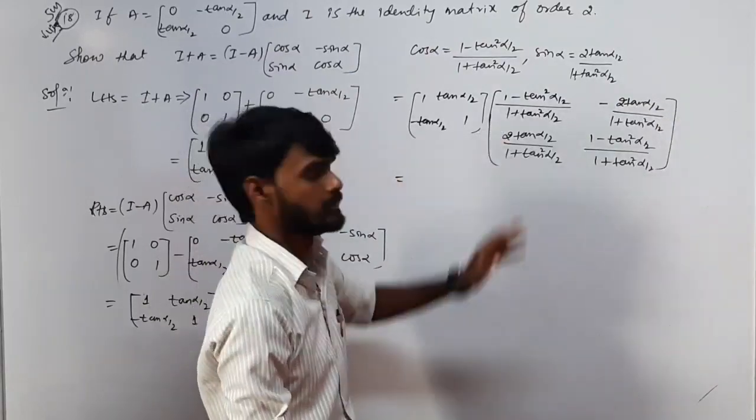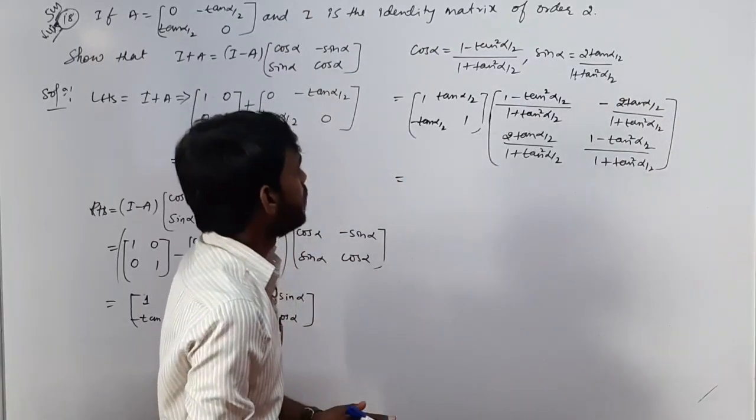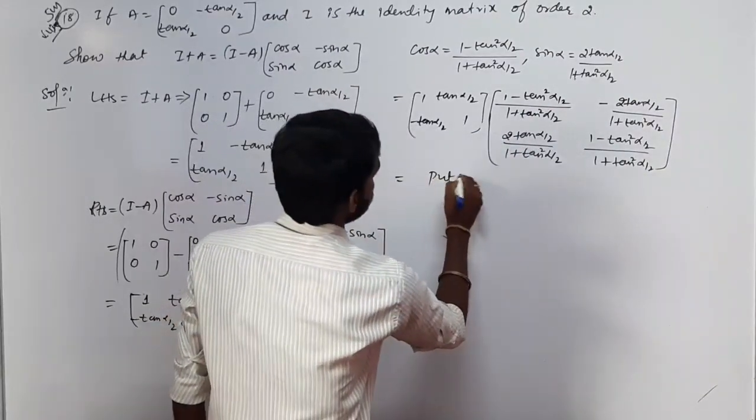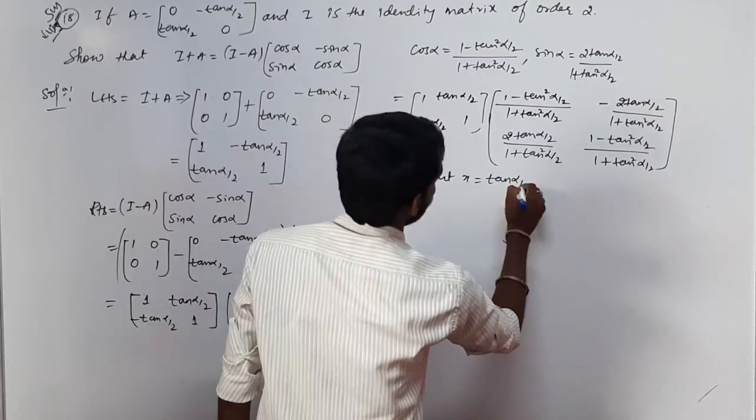So I can multiply these two matrices. Before that, I am taking tan alpha by 2 equal to x. Put x equal to tan alpha by 2.